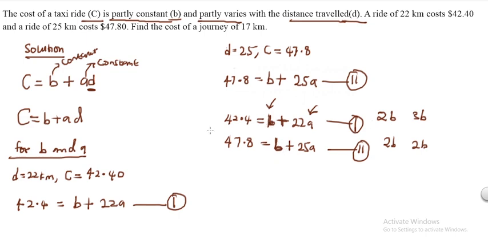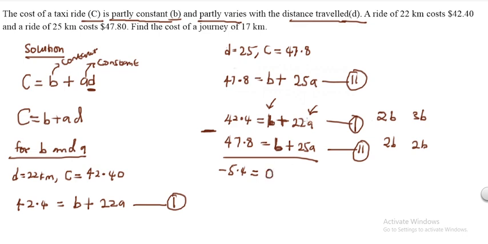To do that, I'll simply subtract one equation from the other. So subtracting equation 2 from equation 1, I'll say 42.4 minus 47.8. This will be equal to minus 5.4. And this is equal to, here I have b minus b, which is simply equal to 0.